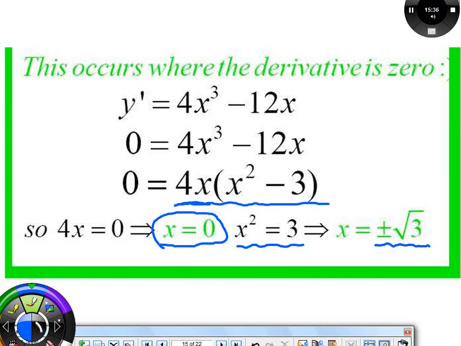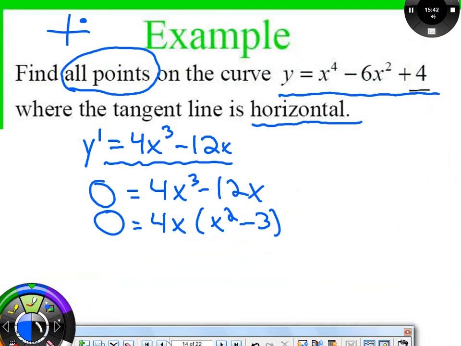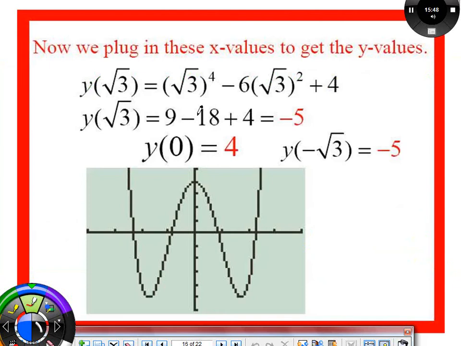So we take each of those and plug them into the original function, which is x to the fourth minus 6x squared plus 4. You take each of those x coordinates that we found and plug them in.